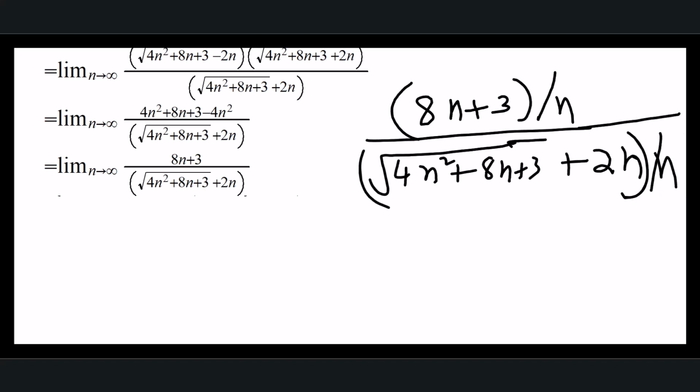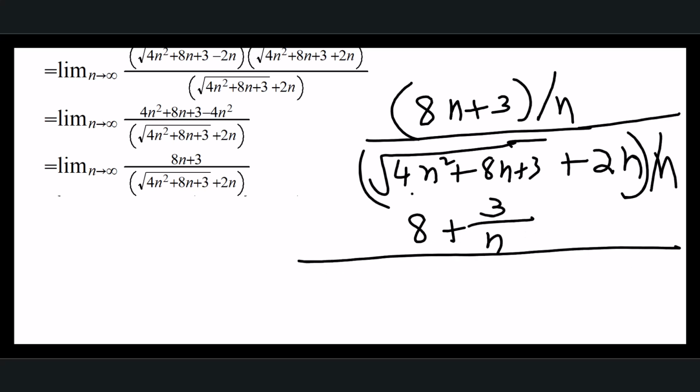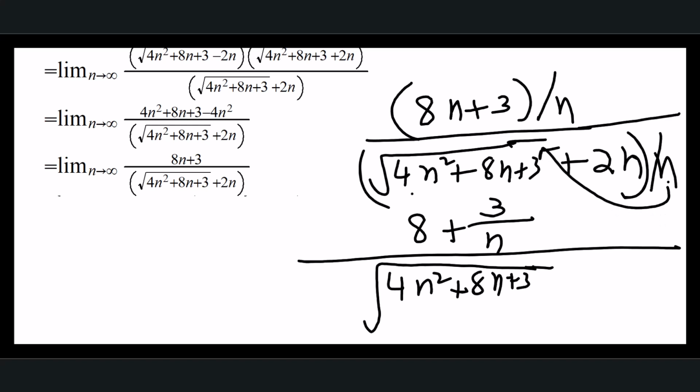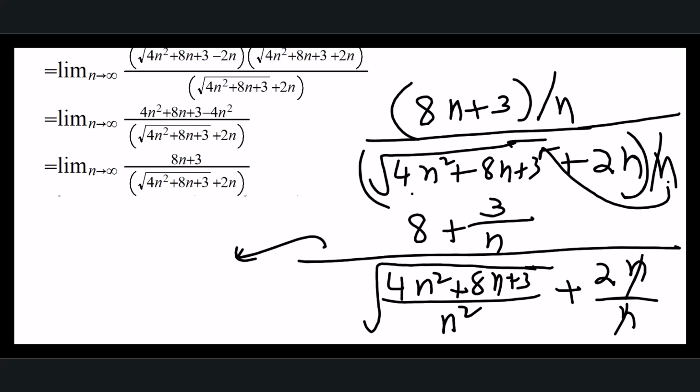So what will the numerator become? 8n over n will be 8, and then we will have 3 over n. And in the denominator, taking this n inside the radical sign, it will become n square, and 2n over n will be plain and simple 2.